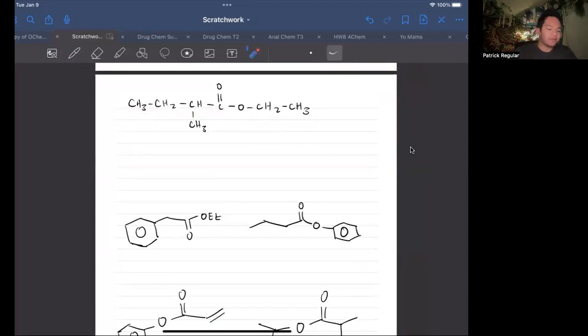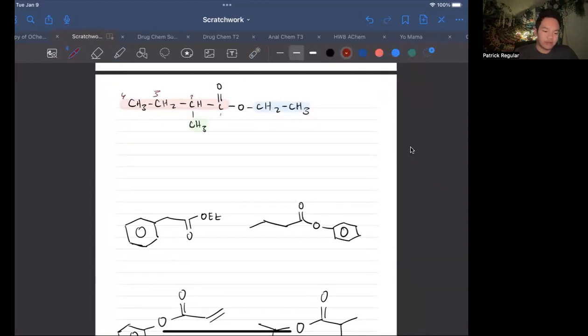So if I ask, what is the longest carbon chain in my main group? Well, I have 1, 2, 3, 4. That carbonyl carbon, remember, has to be part of that main chain. It is carbon number 1. So this is going to be my parent chain, I have an accessory chain right here, and I have a branch group over here.